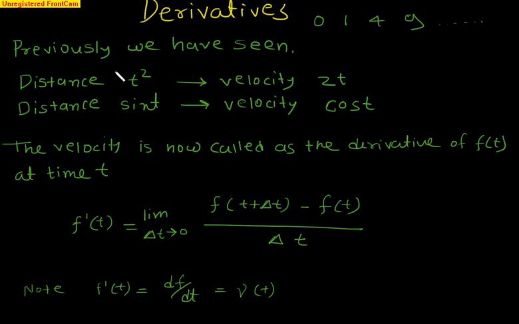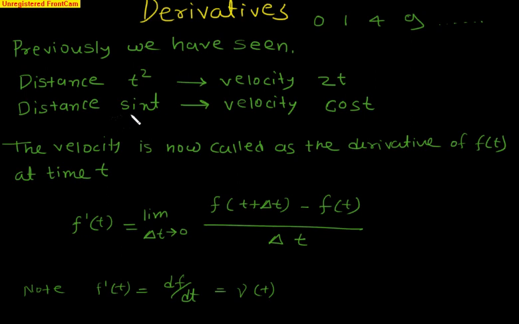It also means its derivative of t square is nothing but 2t, or it also means slope of this function is nothing but 2t at time t.